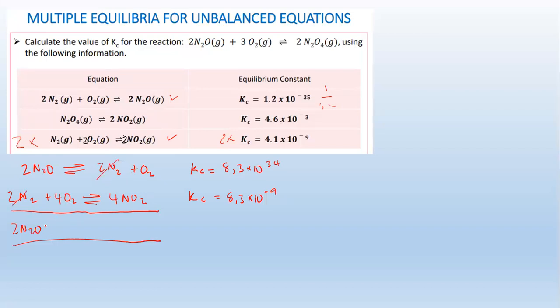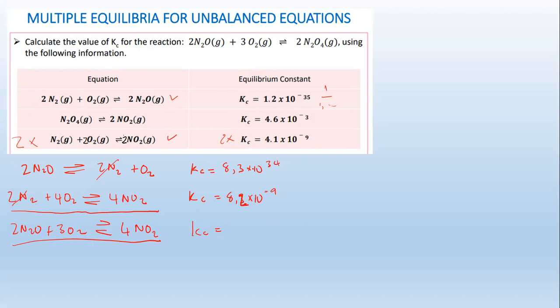These are like terms, this is algebra. I'm going to have 3O2, and I'm just going to bring down 4NO2, which is the only one left on that side of the equation. Now, what is the new Kc of this equation? Remember, we multiply these two together, we do not add them. We did this in the previous lesson. Sorry, here it's supposed to be 2, not 3.